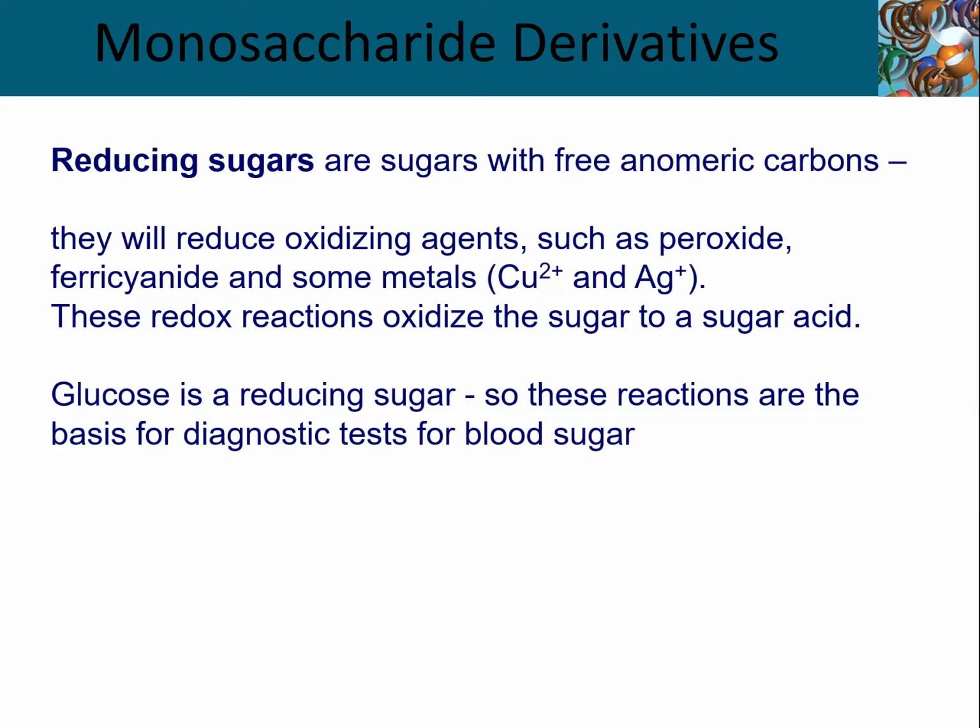If the anomeric carbon is not bound up as part of a bonding event, if you have a free anomeric carbon, it's going to be reducing because of its unique chemistry. And so these will reduce oxidizing agents such as peroxides, ferrocyanide, and a couple of different metals. And a lot of these result in the formation of sugar to sugar acid. So that's what a reducing sugar is.